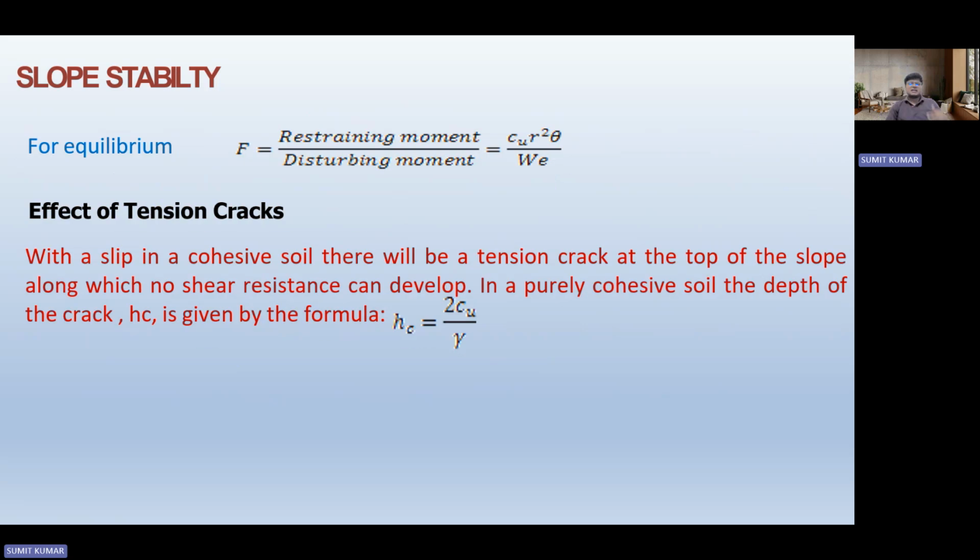So in that manner, when we calculate the final factor of safety, which I mentioned above, the cohesion moment divided by W into E comes into picture. Over here, C into L into R is the formula, L equal to R theta.